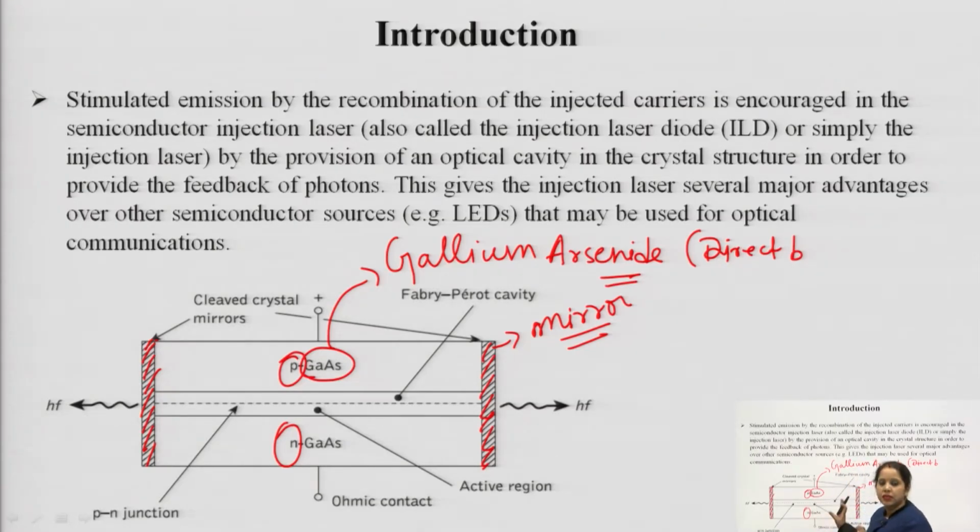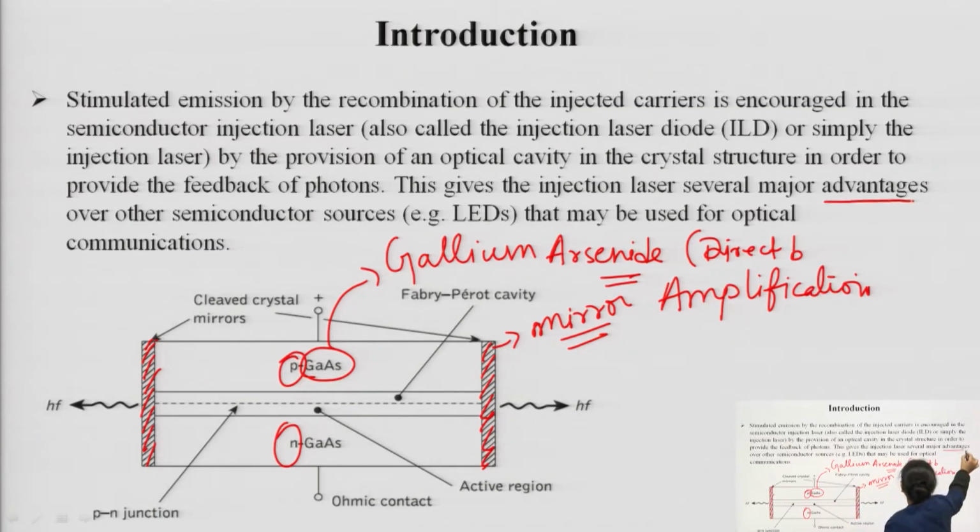So, this is a simple p-n junction structure, and that is why it is called semiconductor, and injection because the stimulus is provided and it works as a laser. It is used for amplification purposes. So, this is called the semiconductor injection laser, and the multiplication is the main phenomenon behind its advantage over others.